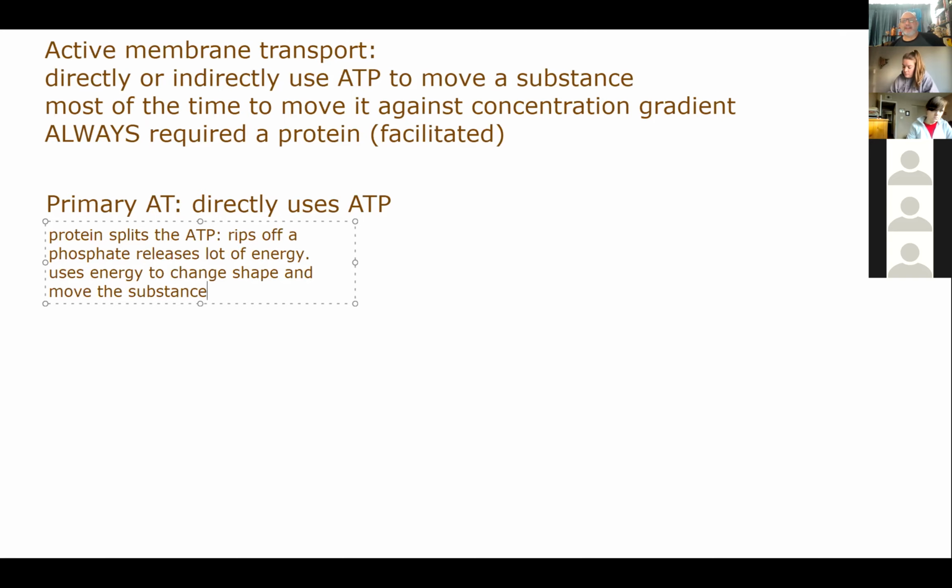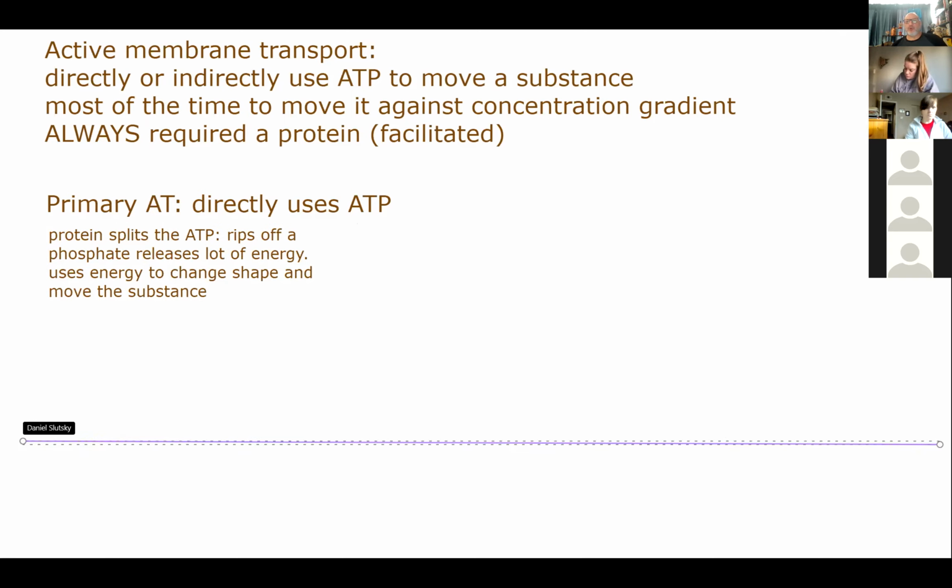We have lots of examples of these we're going to run into in the class. Some of the more common ones, for instance, there are going to be all sorts of sodium pumps we will talk about, where we're going to use that ATP, and I'll just use the little yellow for ATP, splitting that ATP, ripping off that phosphate to move sodium out of the cell, or to move calcium out of the cell, something along those lines.